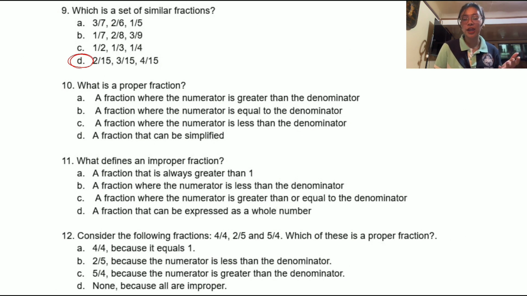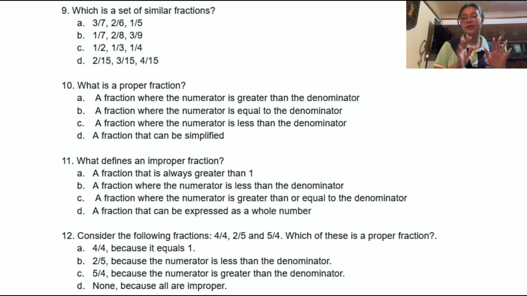As for letter A, the denominators are 7, 6, and 5. As for letter B, the denominators are 7, 8, and 9. And as for letter C, they are 2, 3, and 4. Therefore, the correct answer for number 9 is letter D.